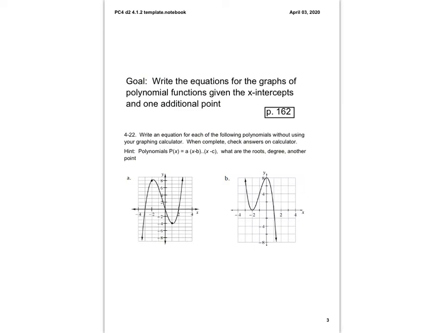So your goal in lesson 4.1.2 is to write the equations for graphs of polynomial functions given the x-intercepts and one additional point. So write an equation for each of the following polynomials without using your graphing calculator. When complete, check answers on your calculator.